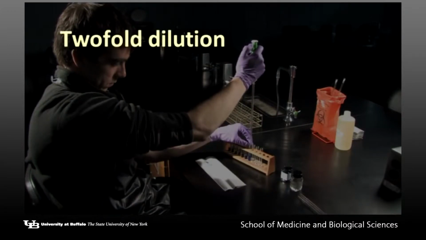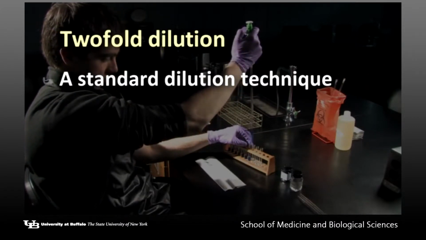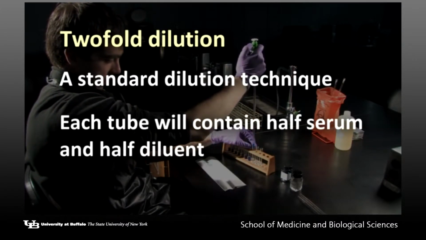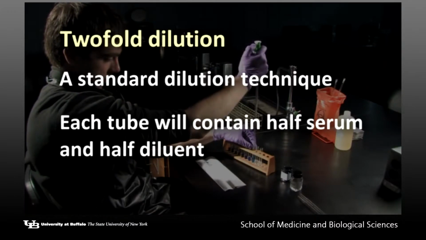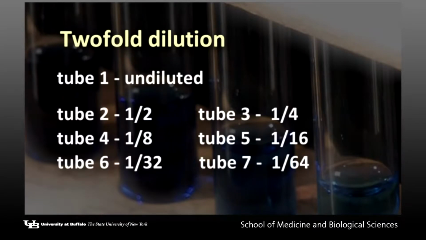Twofold dilutions. A standard dilution technique used in the serology laboratory is the twofold dilution. Each tube will contain half serum and half diluent, which is usually saline. The first tube of the twofold dilution series contains the undiluted patient's serum.